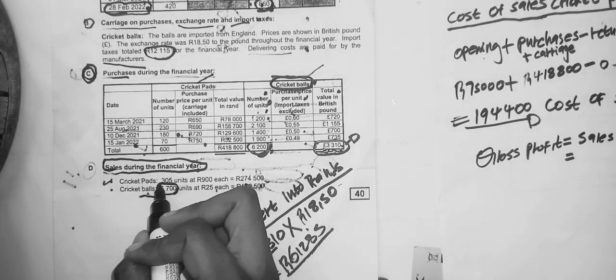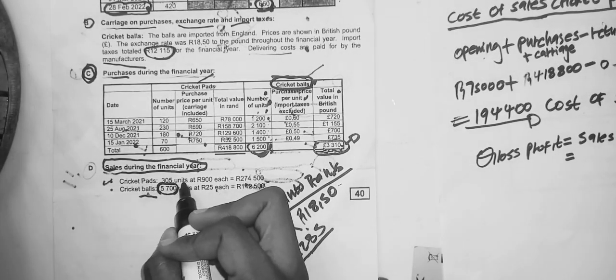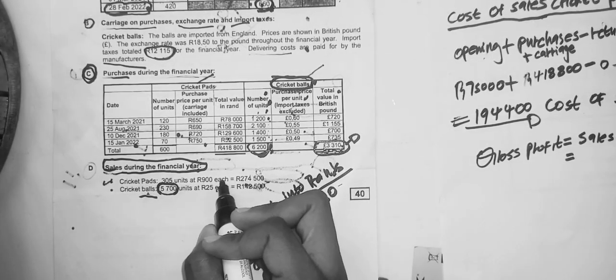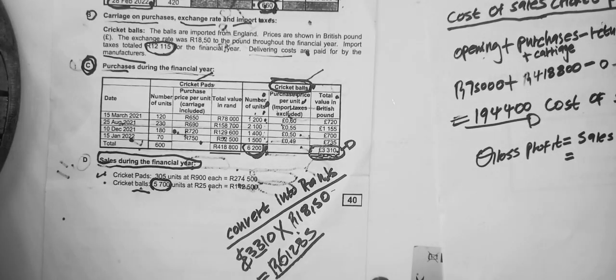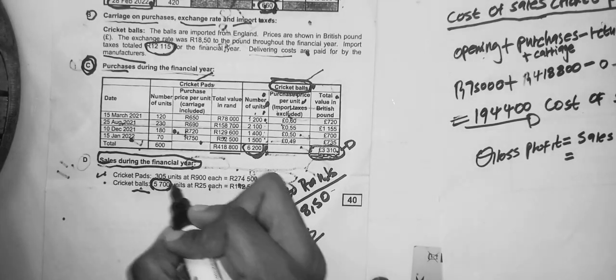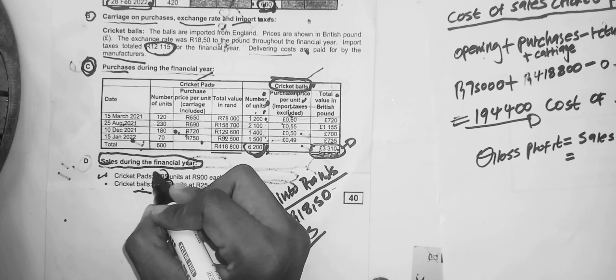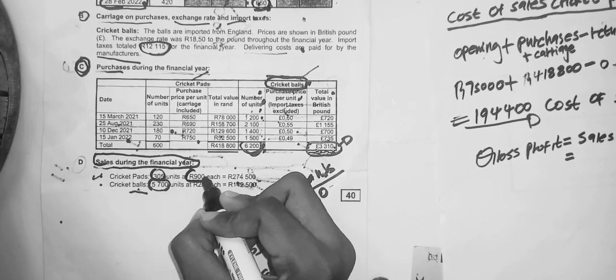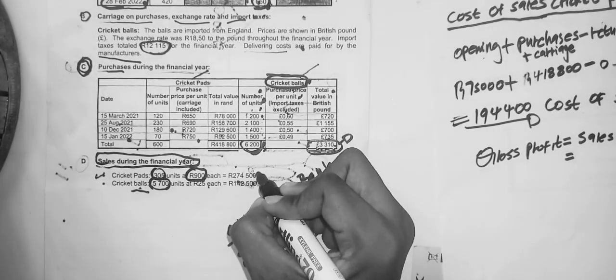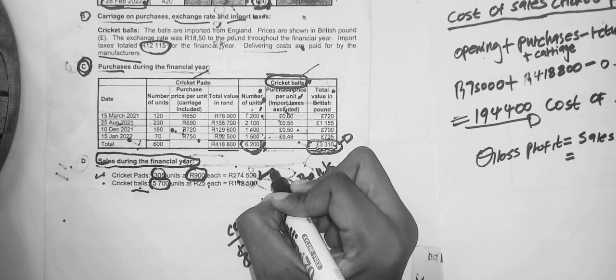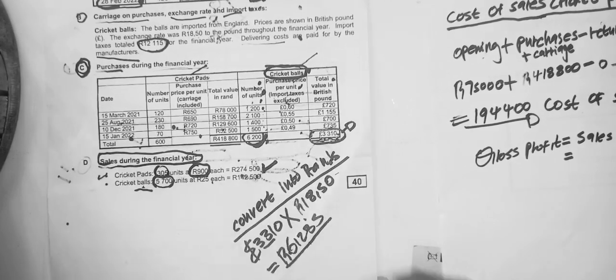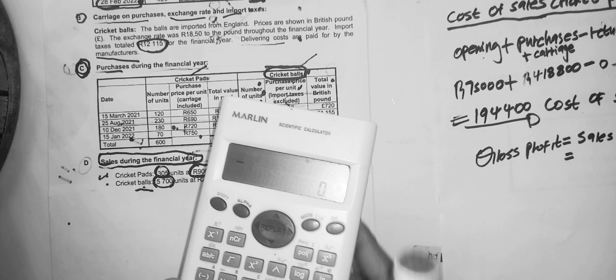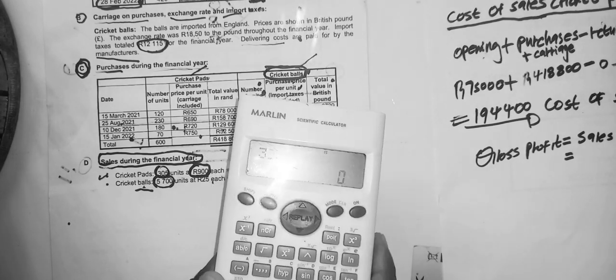They are saying cricket pads, 305 units were sold at 900 each. You understand that? They said we sold 305 units at 900 each. Then we got the total sales of 274,500. You understand?